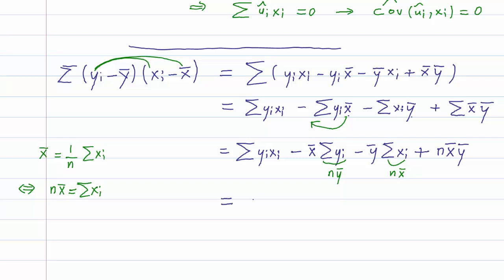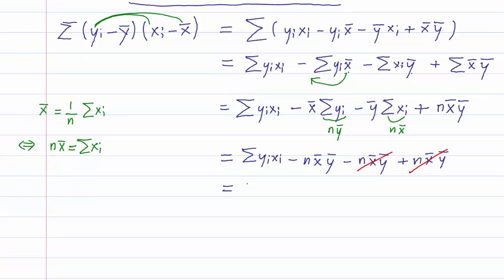If I rewrite that, we basically have sum of yi xi minus n times x bar y bar minus again n times x bar y bar plus n times x bar y bar. So we're going to simplify here, and we see that we have a much simpler result, which is sum of yi xi minus n x bar y bar.